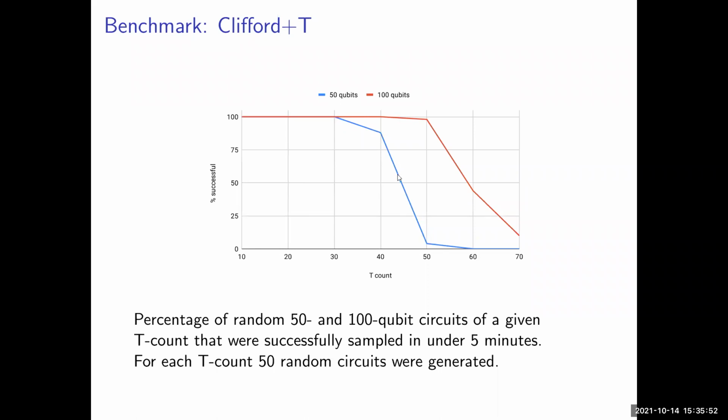What is interesting and at first quite counterintuitive is that for 100 qubit circuits, we can simulate much larger circuits, so many, many more T gates. The reason for that is if you think about a fixed number of T gates distributed on 50 qubits or 100 qubits, in the 100 qubit case there are way fewer T gates per qubit.